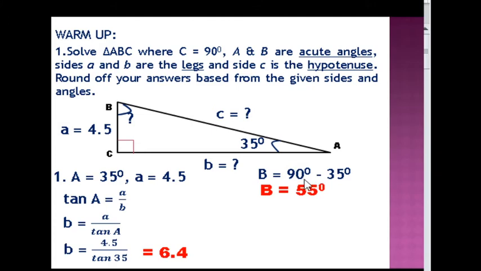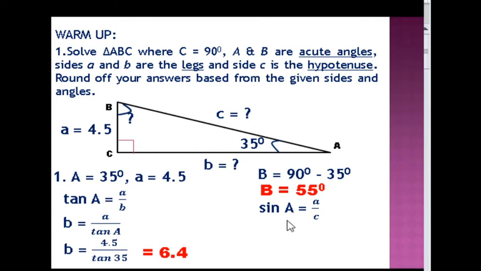Now, the question is, why did we subtract 35 from 90? Take note, A and B are both acute angles, and A and B are also complementary angles. So B is equal to 90 minus 35 degrees, which is equal to 55 degrees.